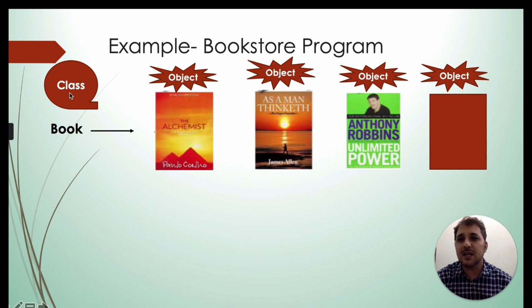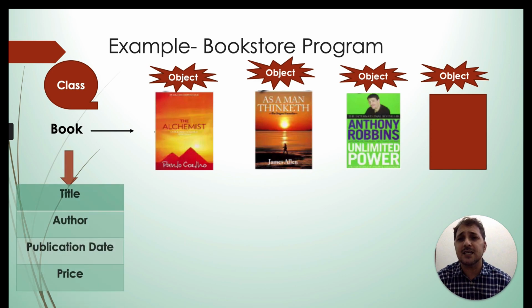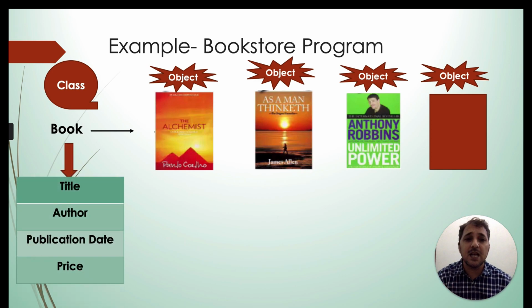So here the class is like a category. For example, you have different objects: books, students, other things. When you think about what category a specific object belongs to, that category will be the class. The next step is how to represent the class. Then abstraction comes in.